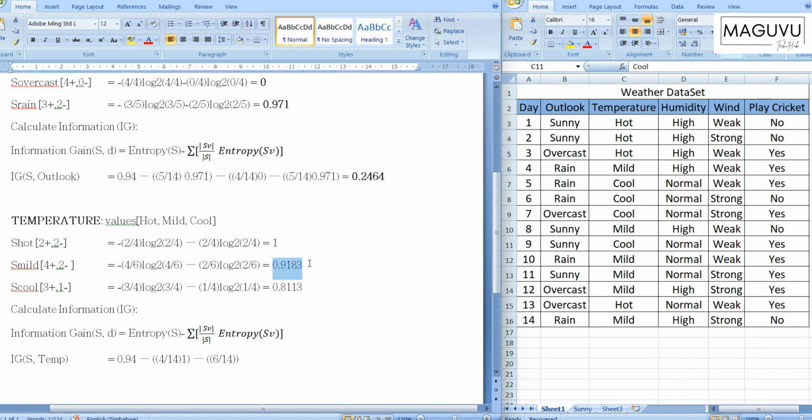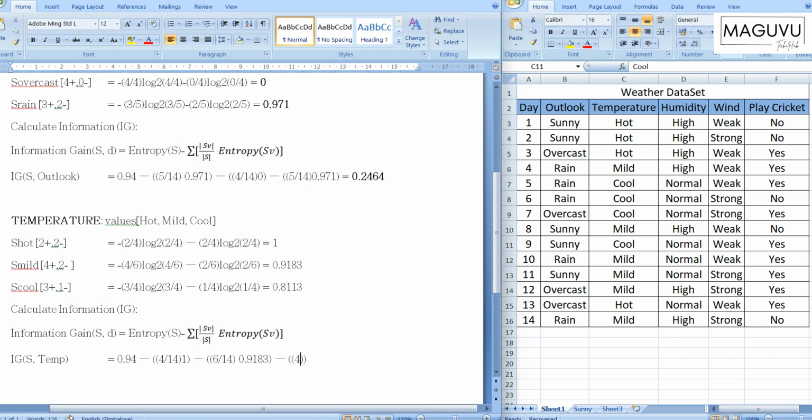Let's just copy it and bring it down, right? And then we consider the last value that we have, which is cool, which has got a total contribution of 4 days that cricket was played where the temperature was cool.